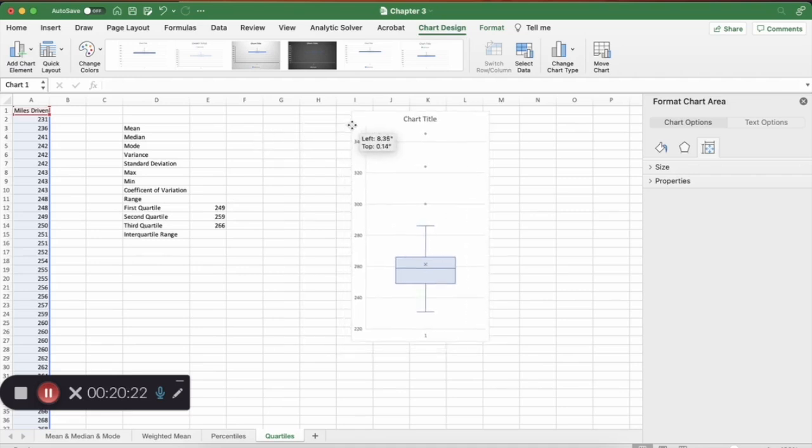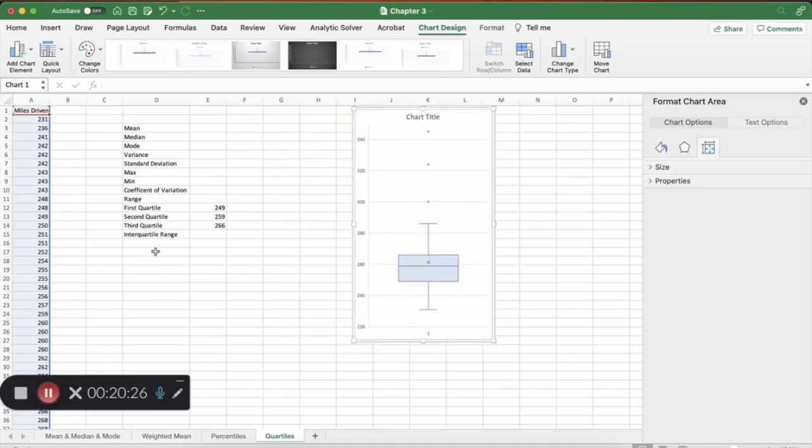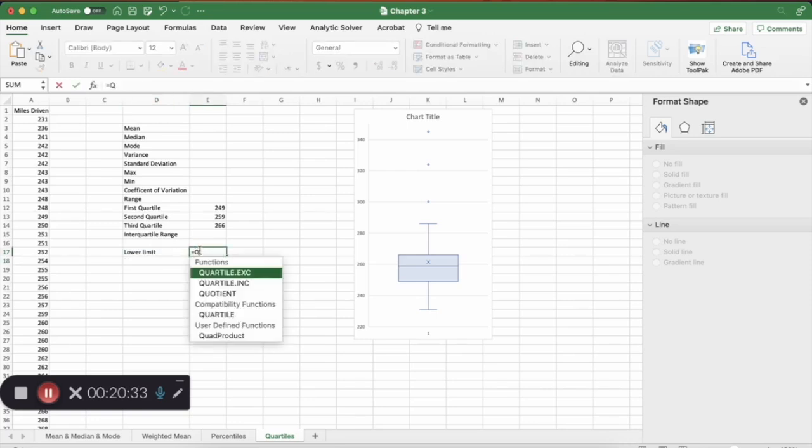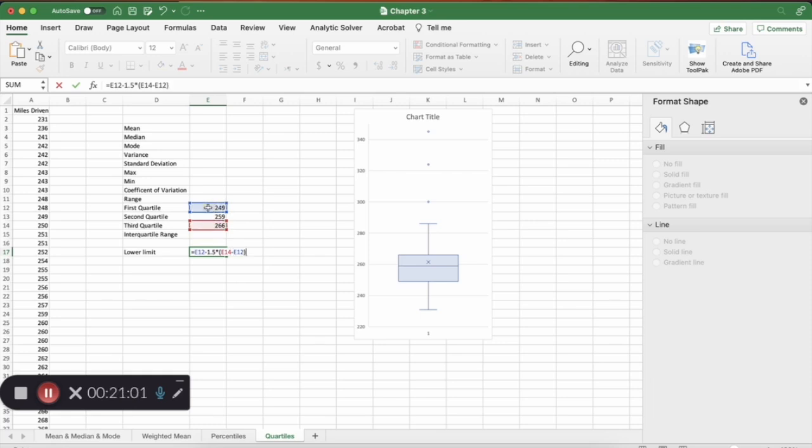So to calculate the lower limit, it's Q1, which in this case is this one, minus 1.5 times, parentheses, Q3 minus Q1, close the parentheses, enter.